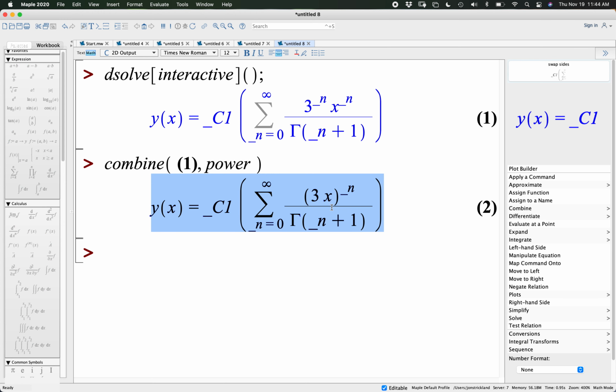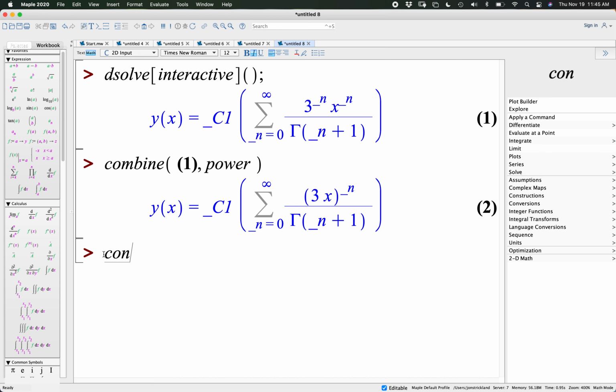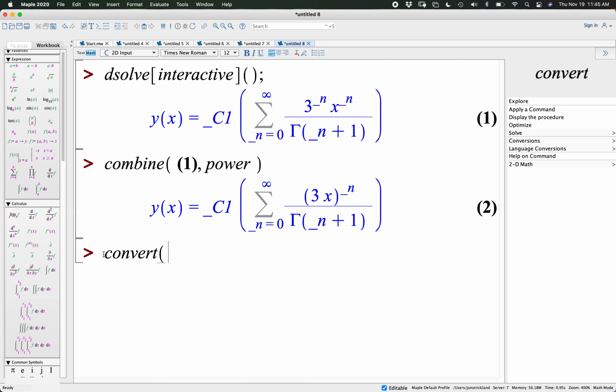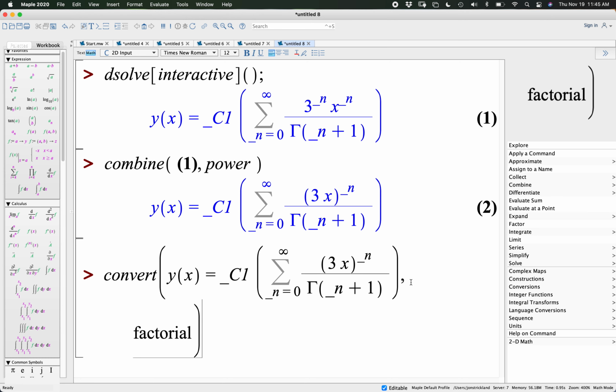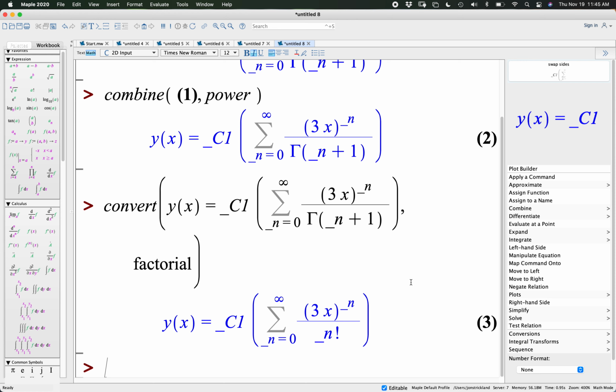If I copy this statement, type in convert, and then just type in factorial. And then entering, so I have the factorial notation.